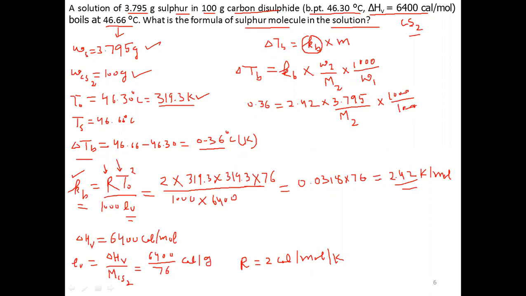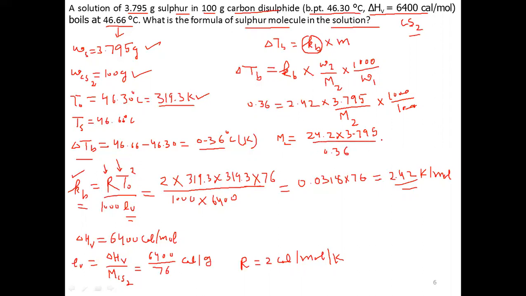The 100 cancels with part of the 1000. From here M2 is equal to, 0.36 will come here, 2.42 into 10 is 24.2 into 3.795 divided by 0.36.